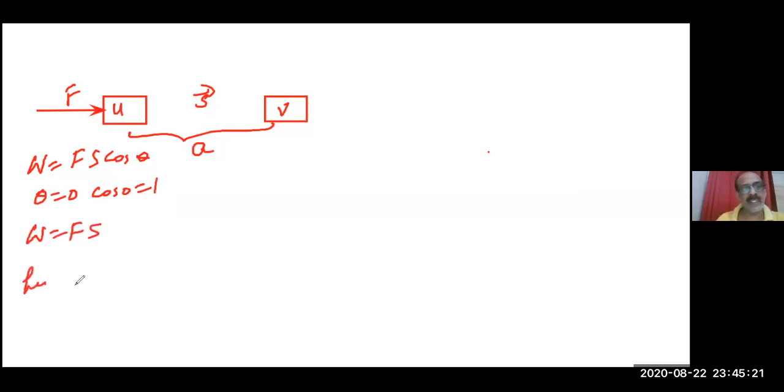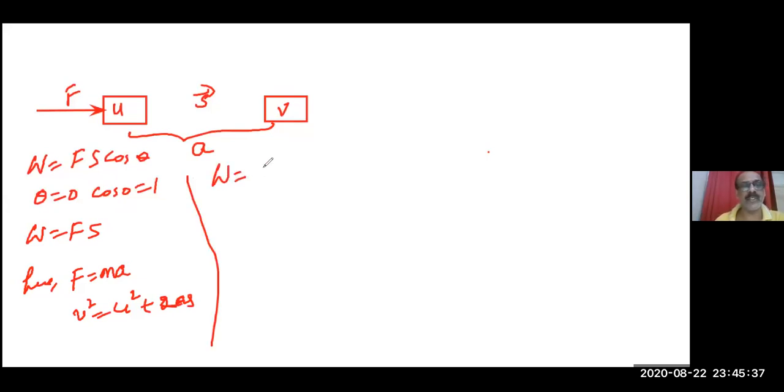Here, F is equal to ma, and V squared is equal to U squared plus 2as. From here, V squared minus U squared is equal to 2as. S is equal to V squared minus U squared by 2a.